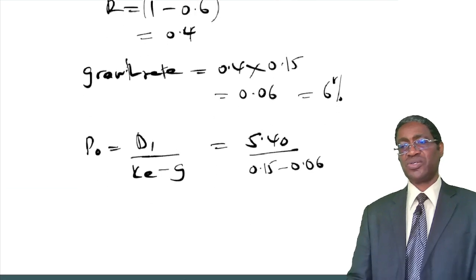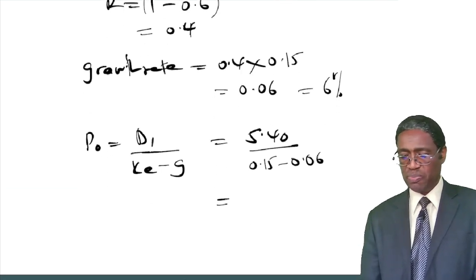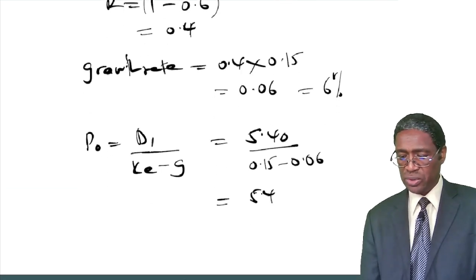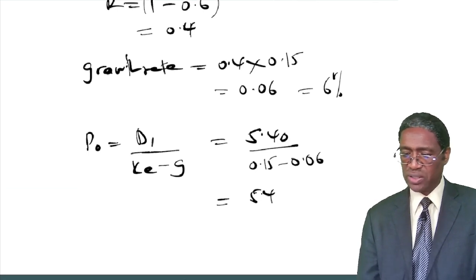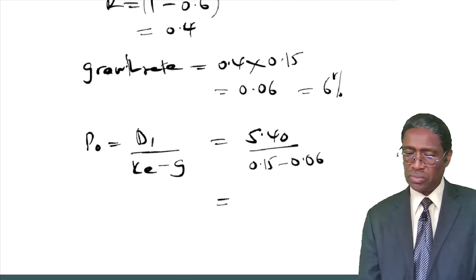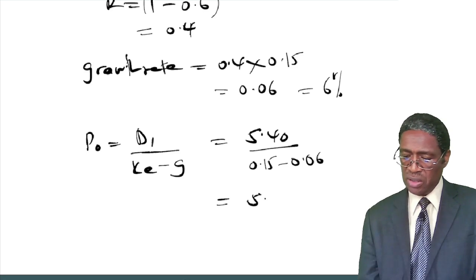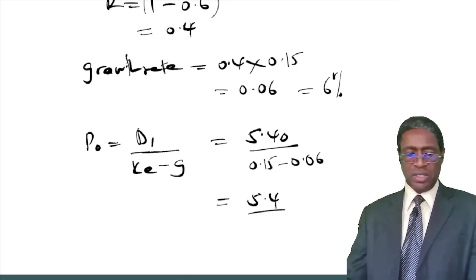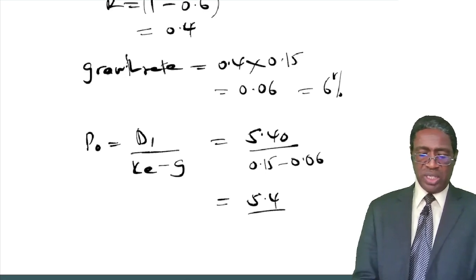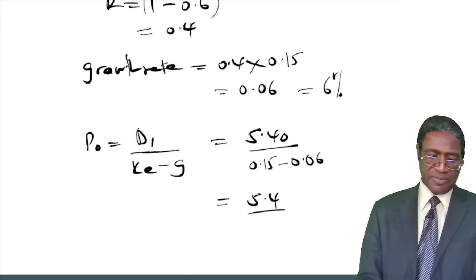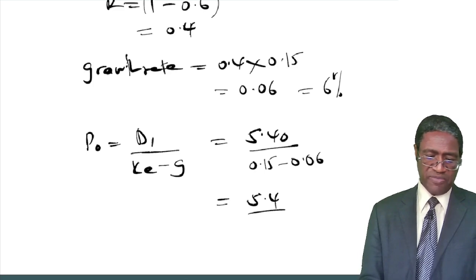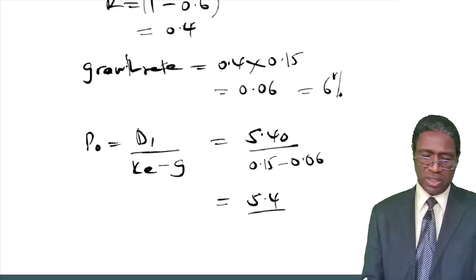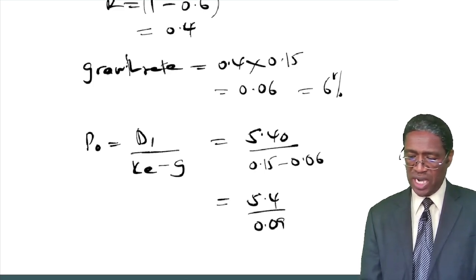Good. What becomes the price? 5.4 divided by 0.15 minus 0.06. 0.15 minus 0.06, I'm getting 0.09.